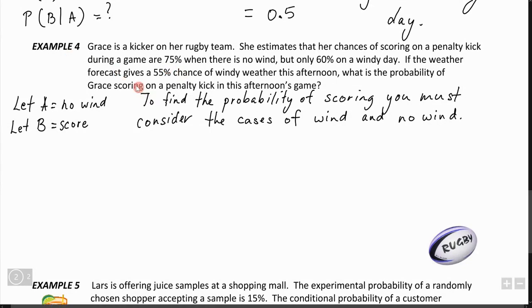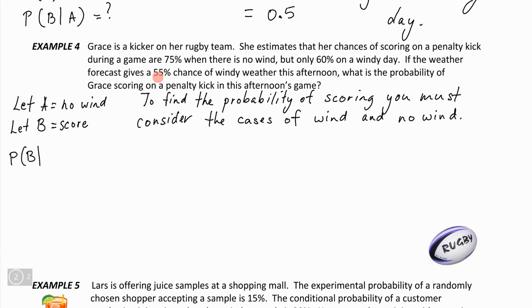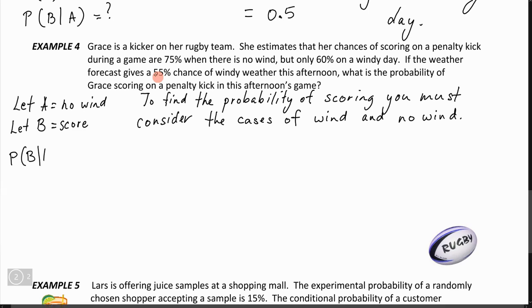So let's look at some probabilities here. So the probability of her scoring, which is B, given A, so no wind, is equal to 75%. So chances of scoring on a penalty kick during a game is 75% when there's no wind. That's important, no wind. So 0.75.